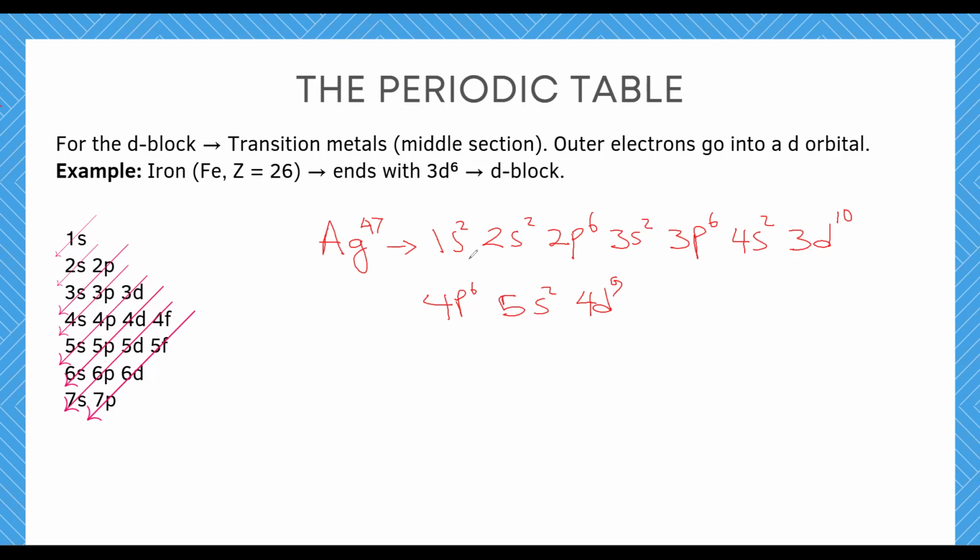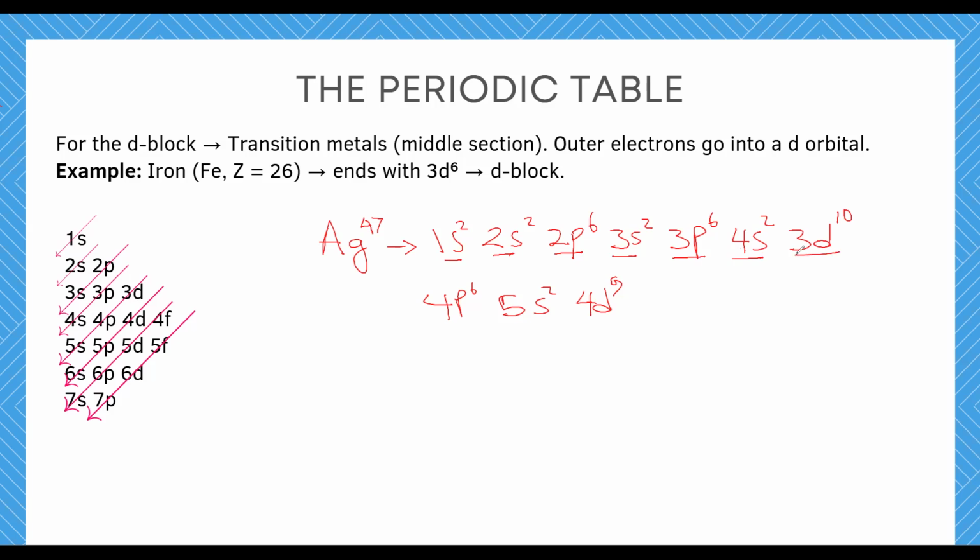So now let's count. It's very important for us to count to see if we are on track. We have 2 plus another 2, that makes 4. Now we have 6, that makes 10. 10 plus 2 makes 12. 12 plus 6 makes 18. 18 plus 2 makes 20.